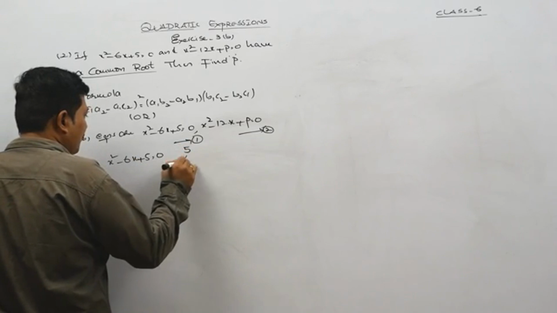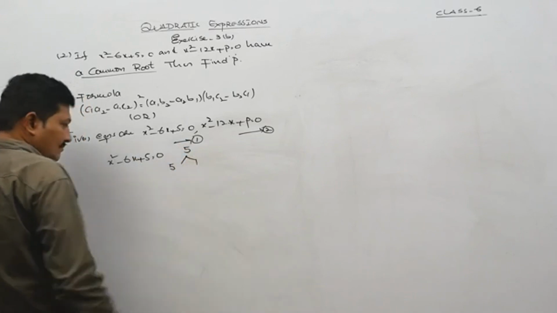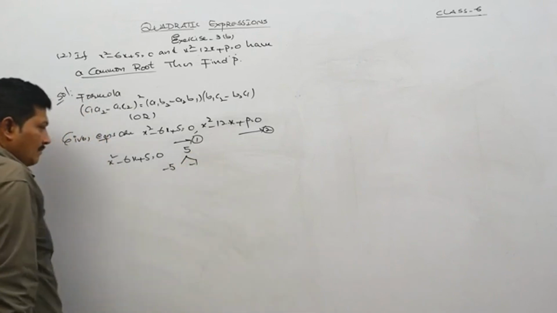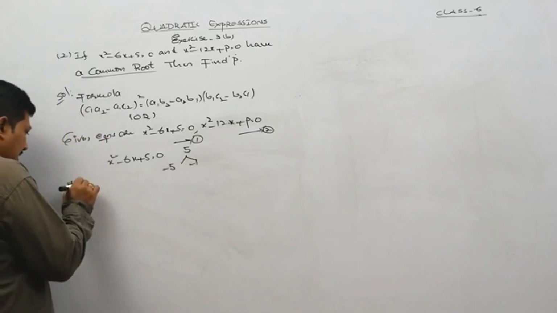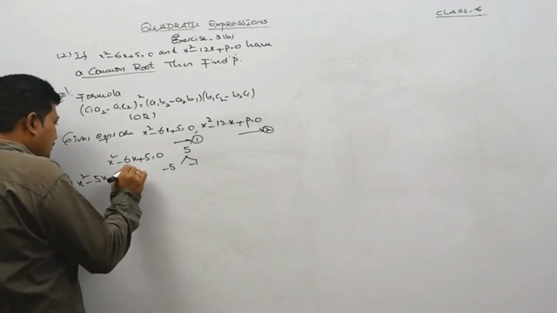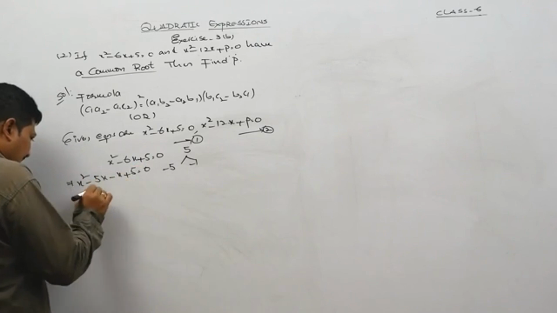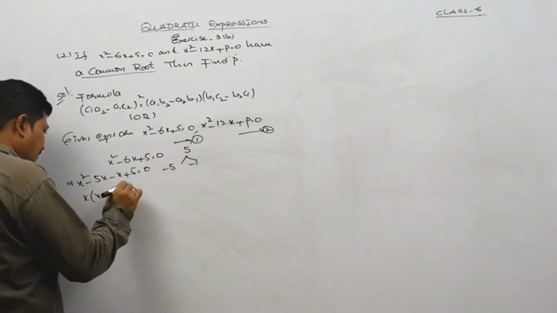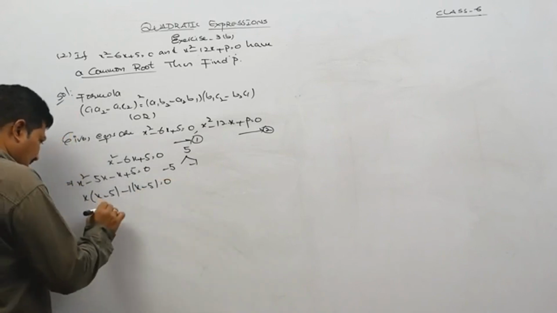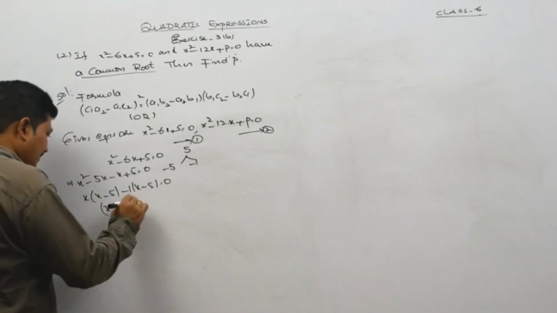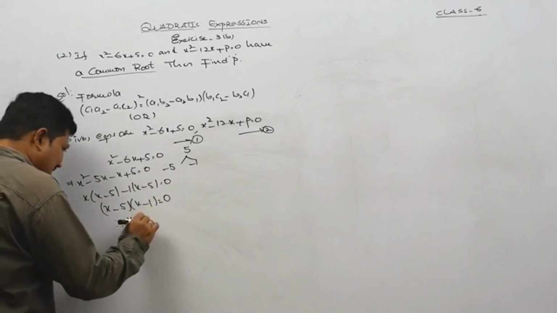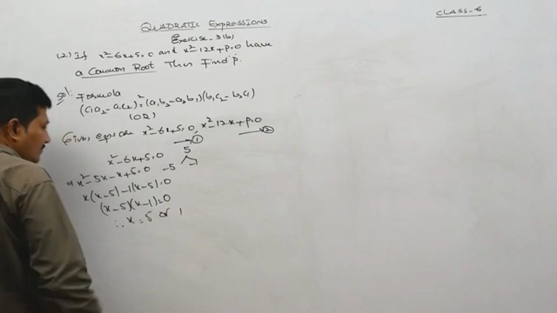So 5 can give factors 5 and 1, and here we have minus 6, so minus 5 and minus 1. This implies x square minus 5x minus x plus 5 is equal to 0. Taking x common, x into x minus 5, minus 1 common, x minus 5 is equal to 0. So x minus 5 into x minus 1 is equal to 0. Therefore x is equal to 5 or 1.